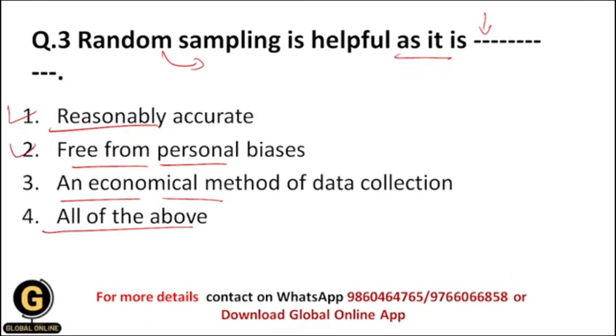And as well, this is an economical method of data collection, because here the researcher can target a large number of the population, and as well it saves time, it saves capital as well. Okay, and that's why this is an economical method of data collection. So this is again a helpful thing about it, and that's why your correct answer should be 4, that is all of the above, okay.